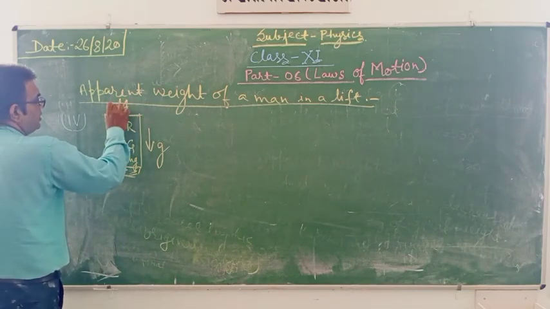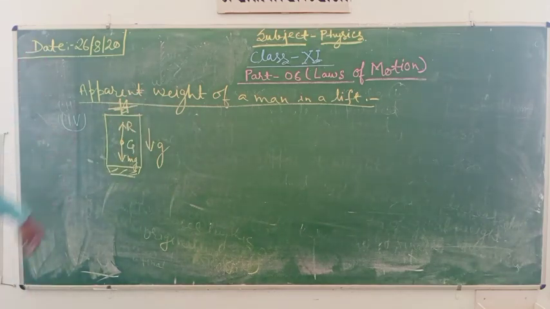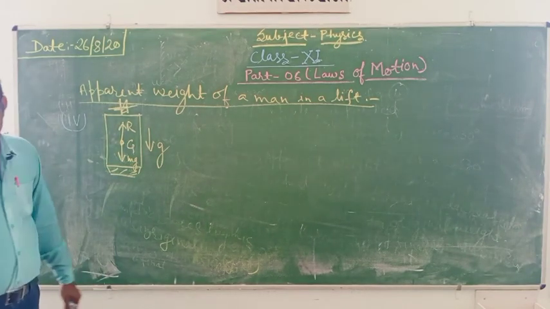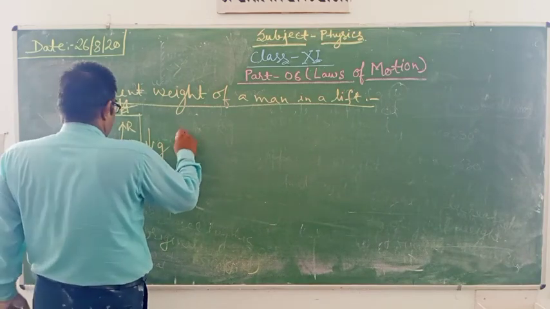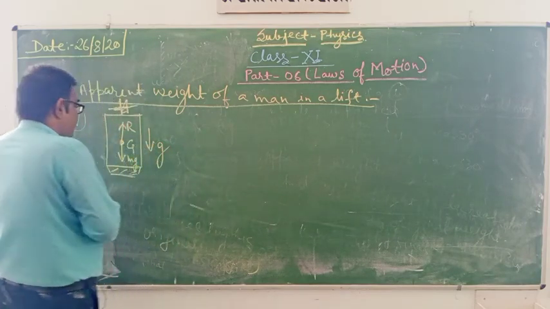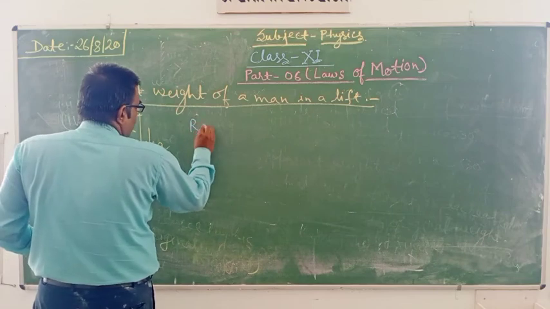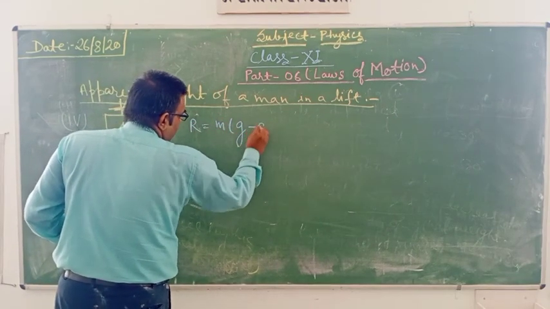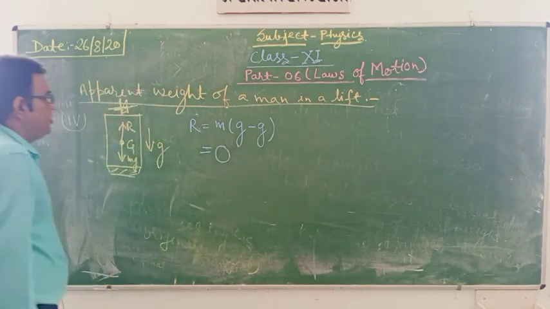If the rope of the lift breaks, then the lift starts moving downward with acceleration due to gravity, that is g. In this case, R is equal to mg minus mg, that is, the normal reaction is 0.